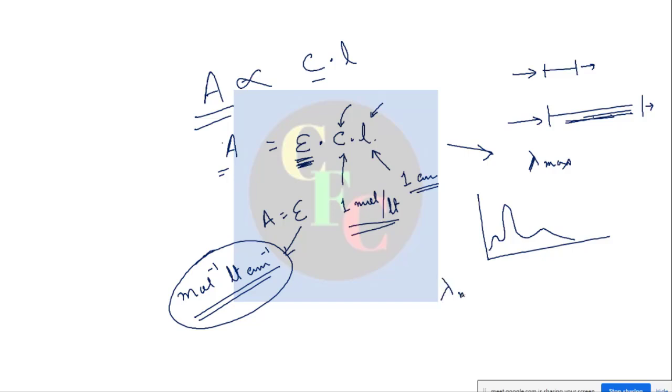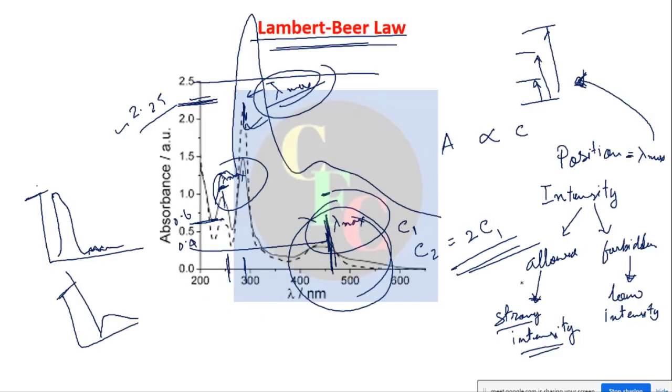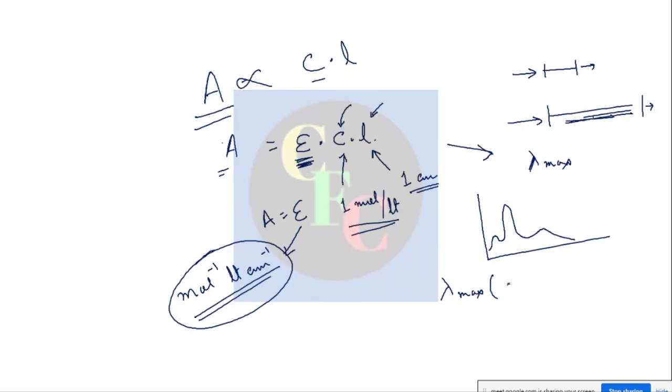Suppose we have lambda max at say 250, 300 and 450. So at 250 you report the epsilon there, at 300 you report the epsilon there, and at 450 you report the epsilon there, right?